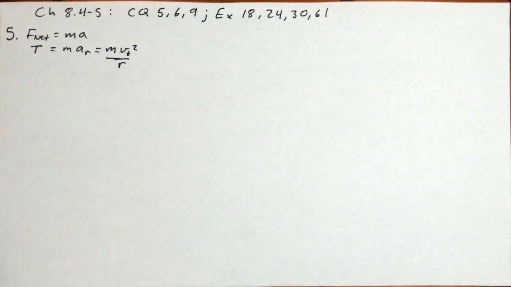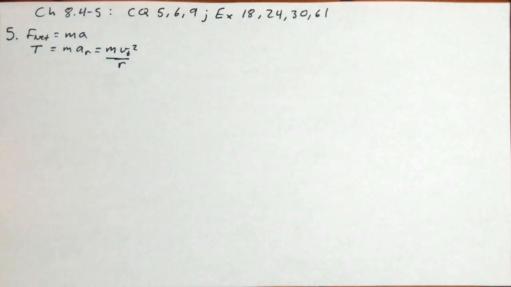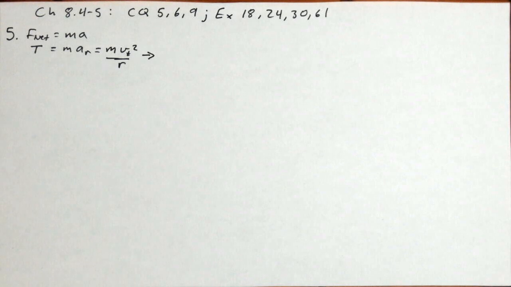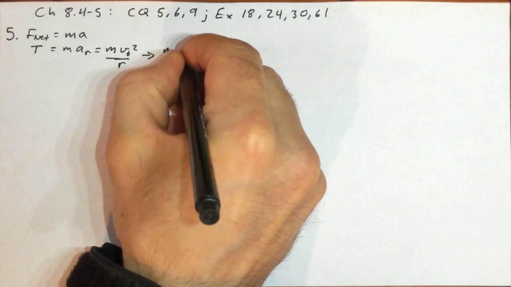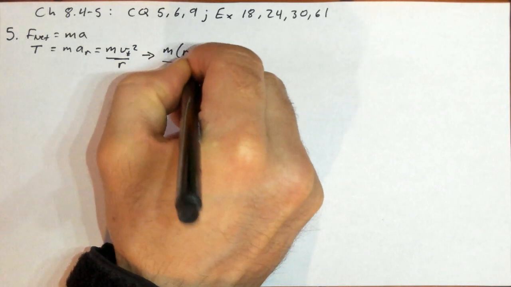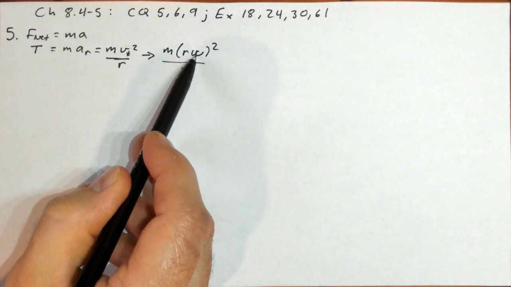Well, in part B, it says, well, what if instead we hold the angular speed constant? How would we adjust this to relate tension to angular speed? So this problem is reminding us of how tangential speed and angular speed are related, and it is by the radius. Tangential speed is equal to the radius times the angular speed.